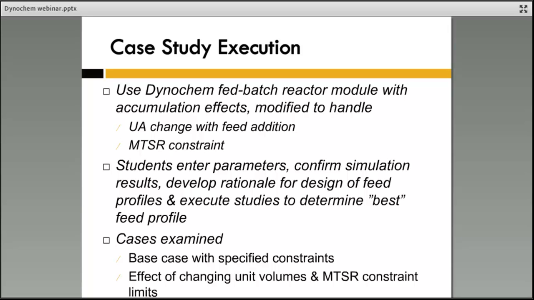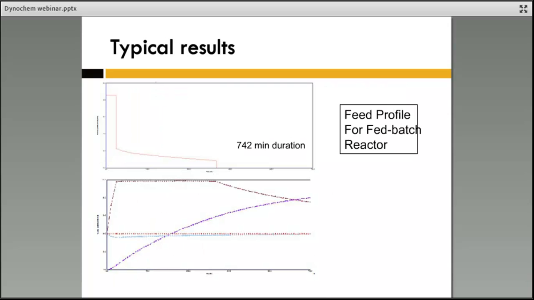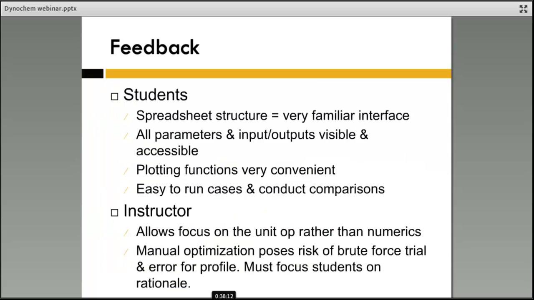The math is taken care of. All they really need to do is to think about the cases that are worthwhile to examine. So it makes it nice. And one of the nice features of DynoChem is it does give them nice ways of displaying whatever they want to look at in a very convenient fashion, and that's nice.